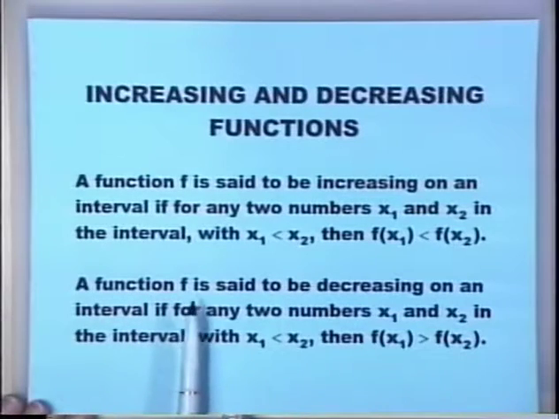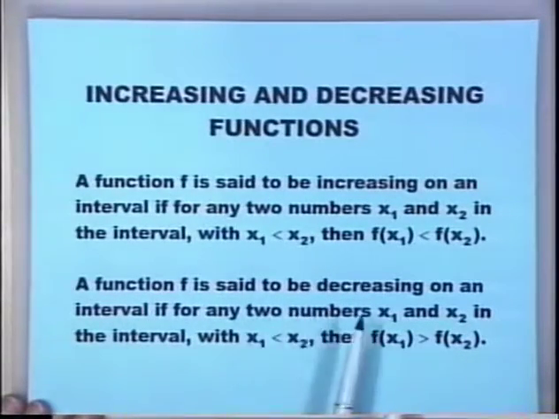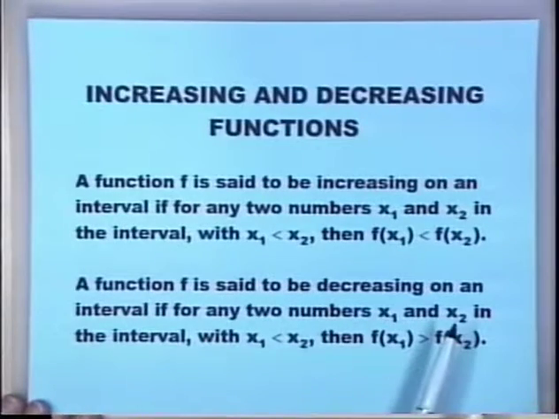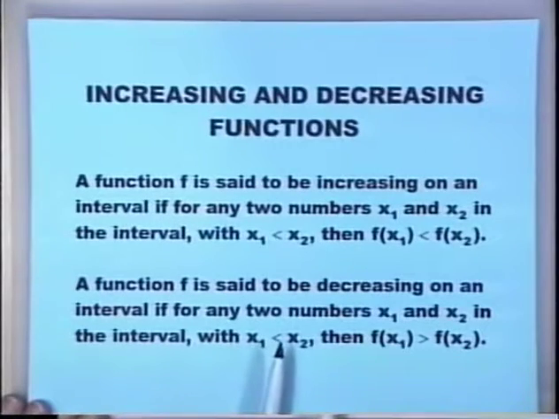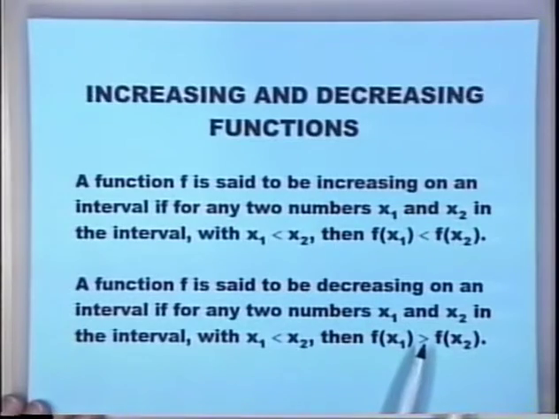A function f is said to be decreasing on an interval if for any two numbers x1 and x2 in the interval, again, x1 is less than, or to the left of, x sub 2. Notice this time, if our function is decreasing, our first y value is larger, or above, our second y value.